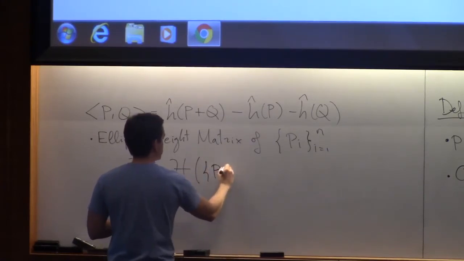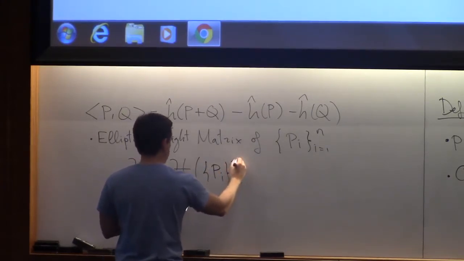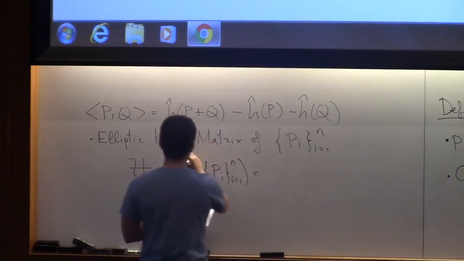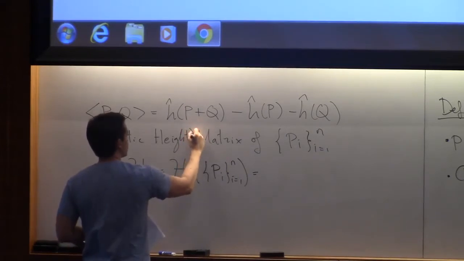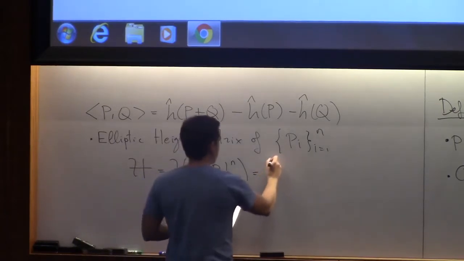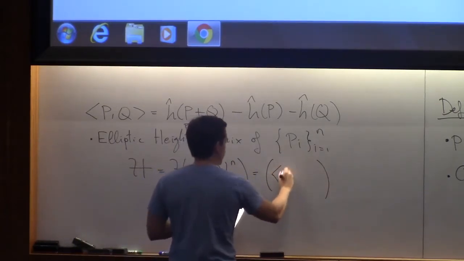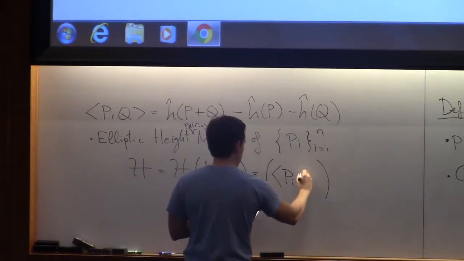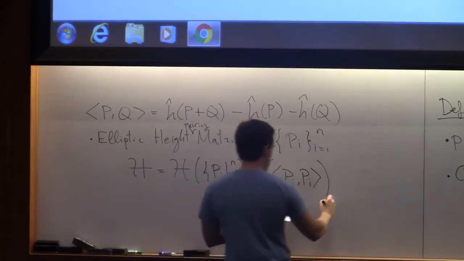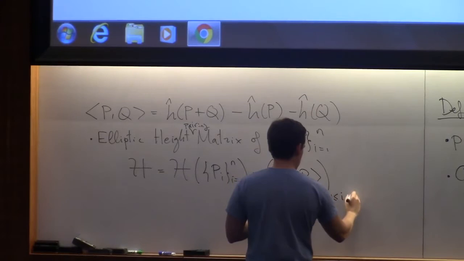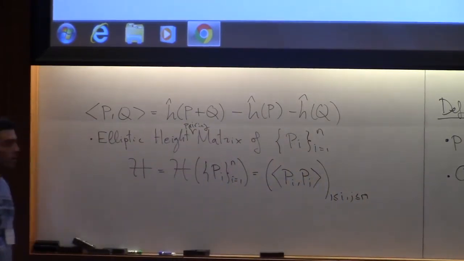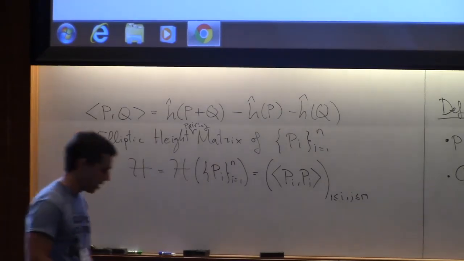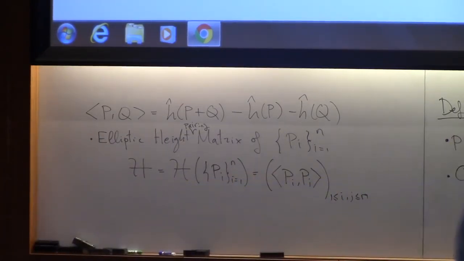So the height matrix, the elliptic height pairing matrix. I define it as a matrix whose coordinates are all the possible combinations of the pairing. Okay? What is this going to do for us?